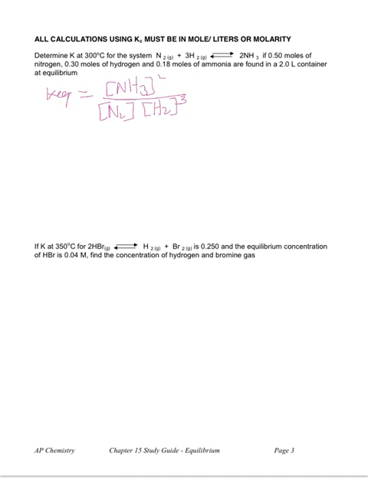Now, they give us moles, and they give us the volume, so we can figure out the molarity of each of my substances. So, concentration of N2 is equal to 0.5 moles divided by 2 liters, so 0.25 molar.